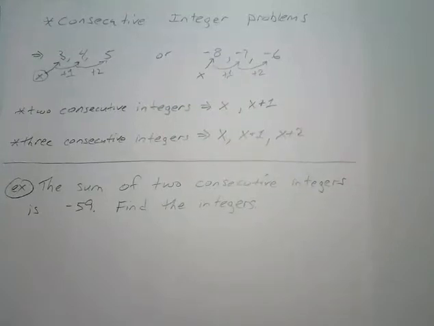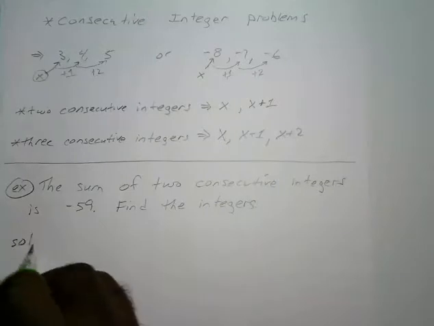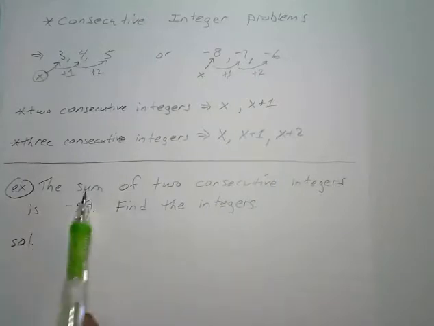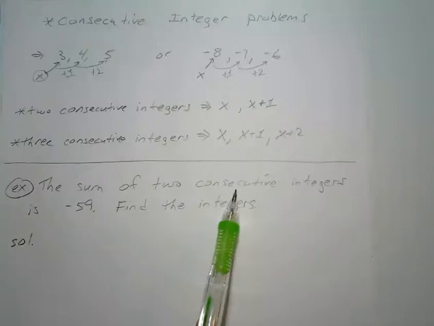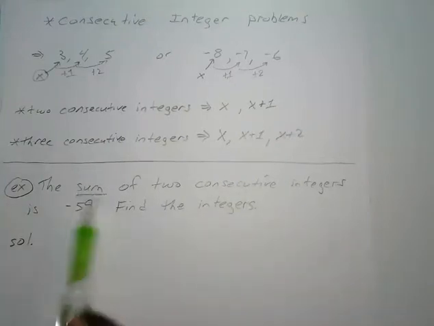Okay, so it says the sum of two consecutive integers is negative 59, and you want to find the integers. When we see sum, we automatically know we're going to be doing addition.